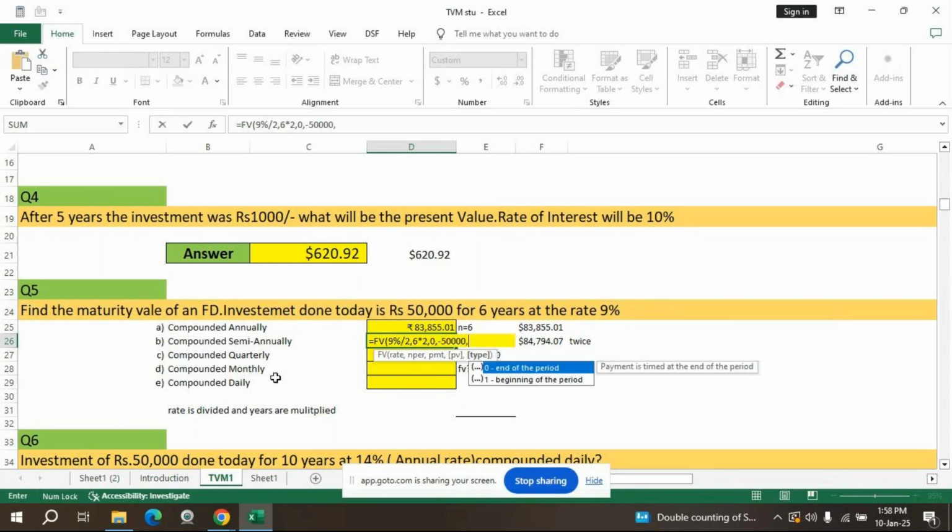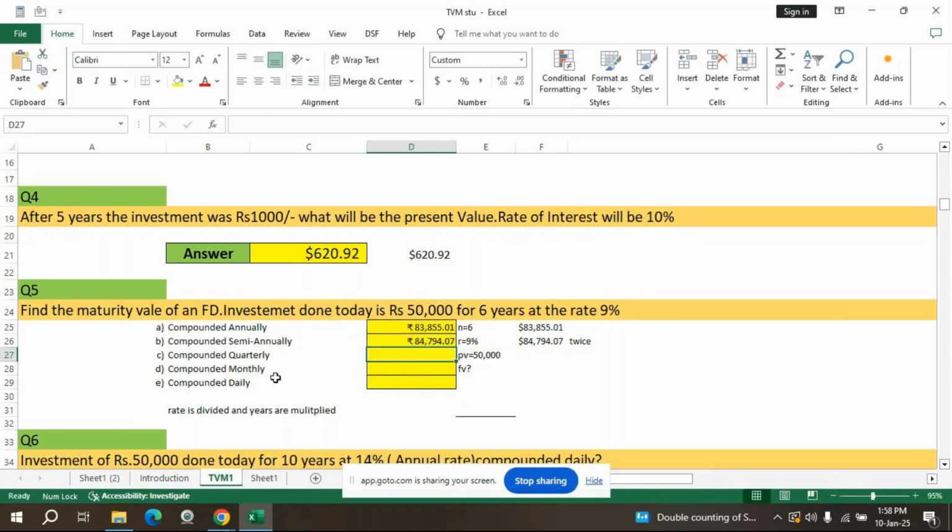Then comma type. We type here 0, that means at the end of the period, future value. Now close the bracket and press enter. Now we'll be getting the answer here as 84,794.07.